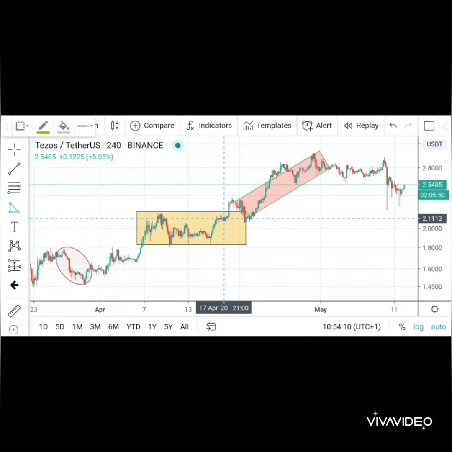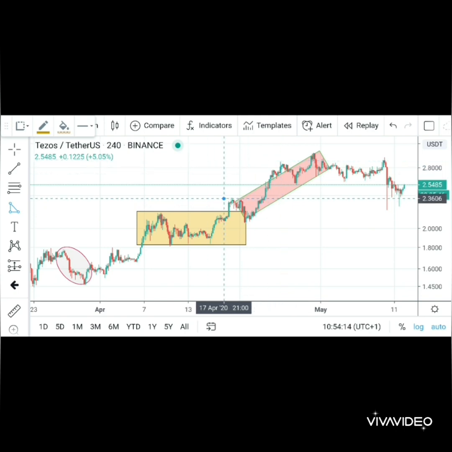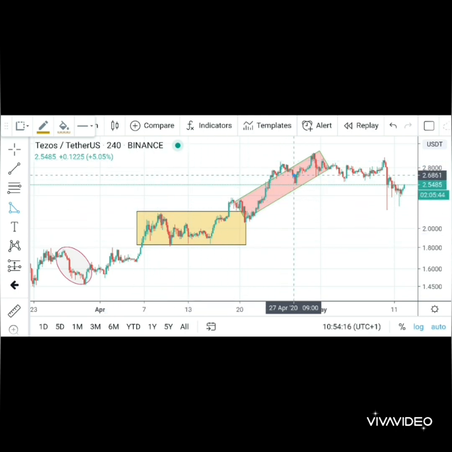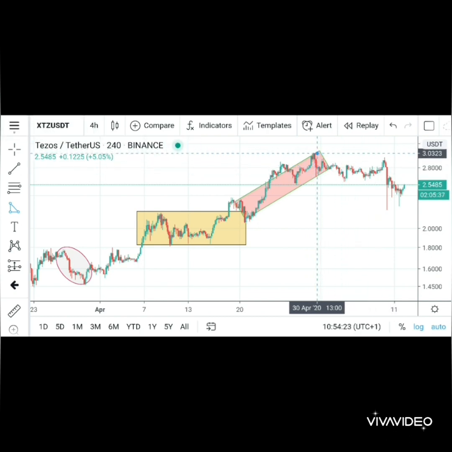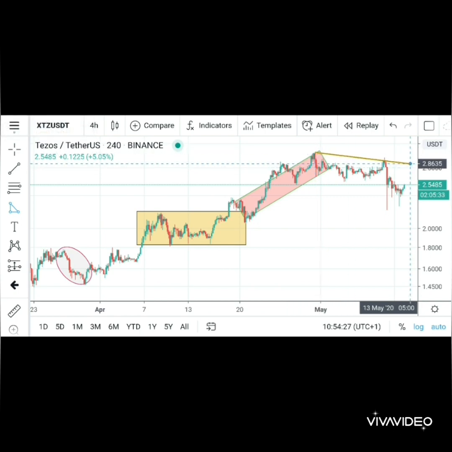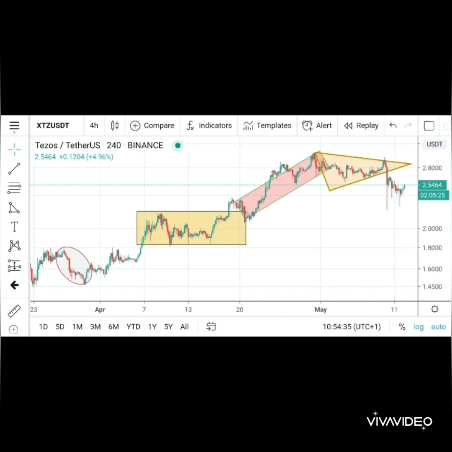Then triangle, you use your triangle to identify things like ascending and descending channels. You use it to identify your ascending triangles, chart patterns mostly.